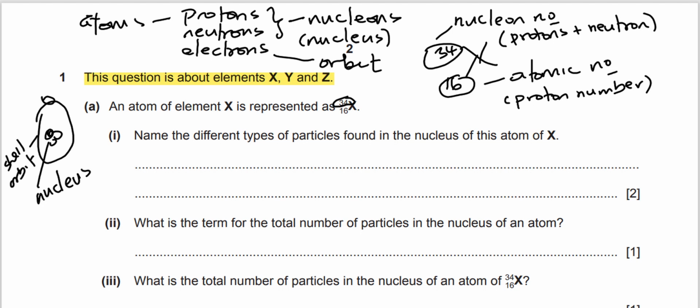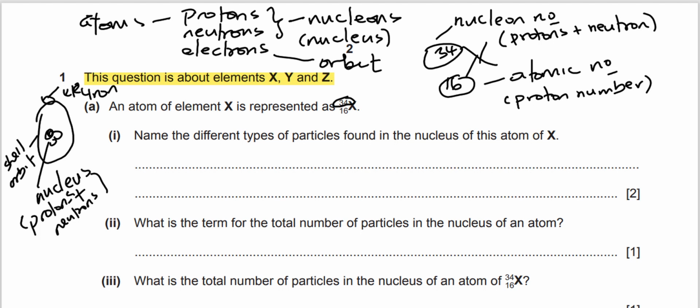On the shell or orbit, this will be the electron, while this will be the proton and neutron. Protons and neutrons will be found here. So now we are going to use this structure to answer this question.